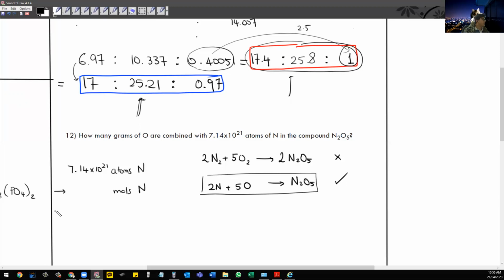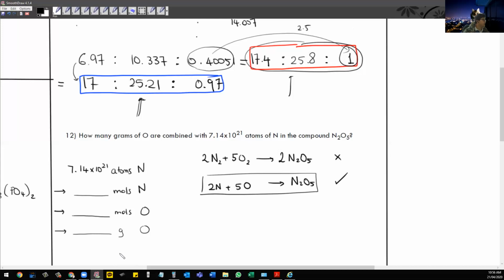Because there's 2 N and 5 O, you can figure out the number of moles of oxygen, just this number divided by 5 times by 2, right? Then you get the number of moles of oxygen. And then you times this by the molar mass of oxygen, which is 16, and you get the number of grams of oxygen.